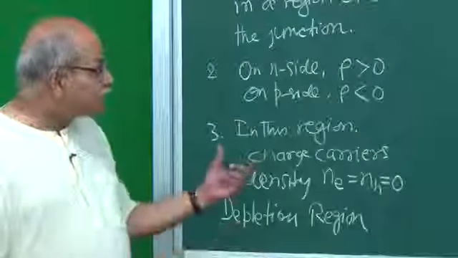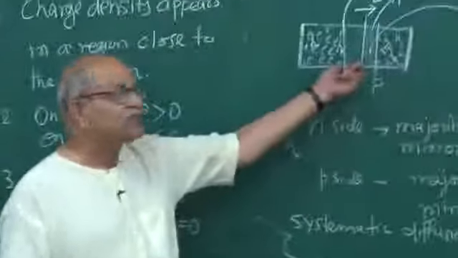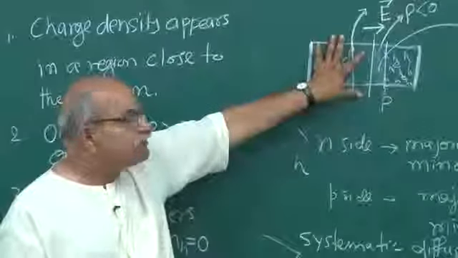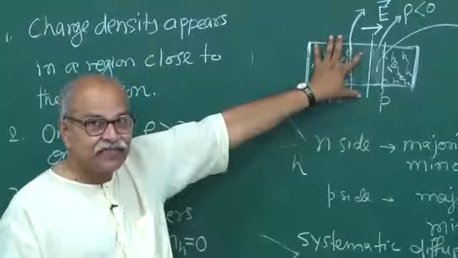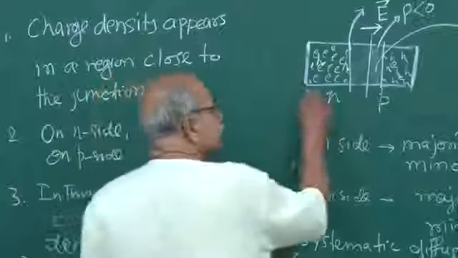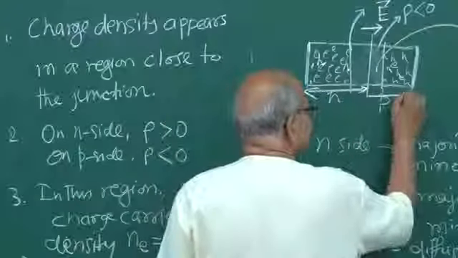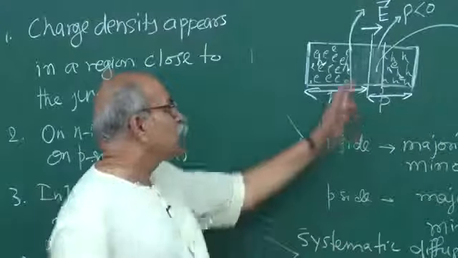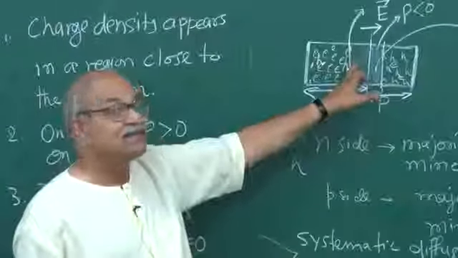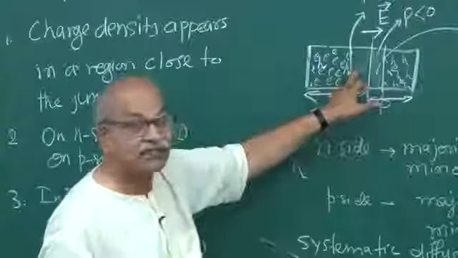Now, what is the width of the depletion region? How much will this width be? That depends on the concentration of the dopants. Okay. Remember, the dopants are there. This is n-type up to here, and p-type from here to here. So, although there are no charge carriers, this is still n-type material. We have diffused those pentavalent impurities here.